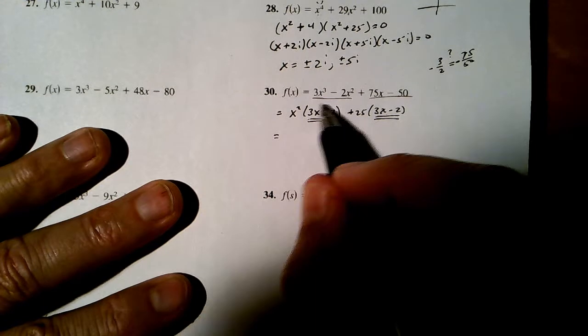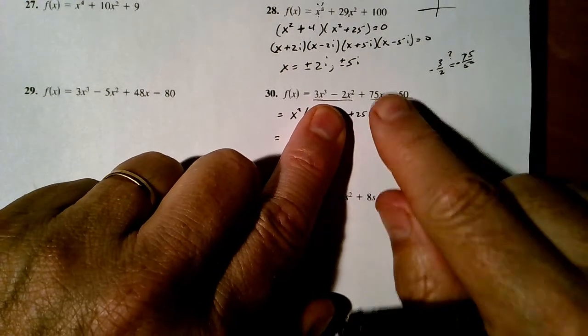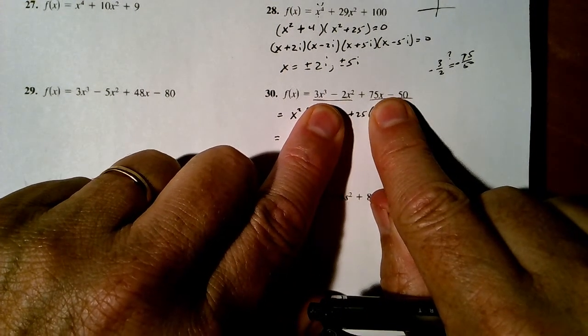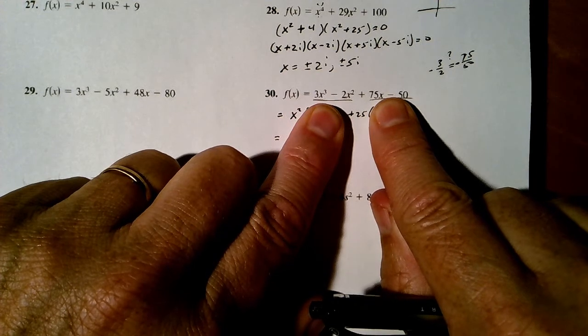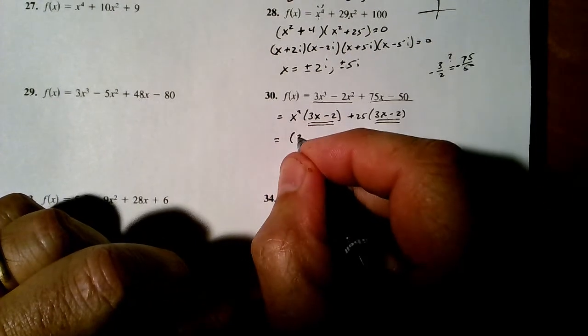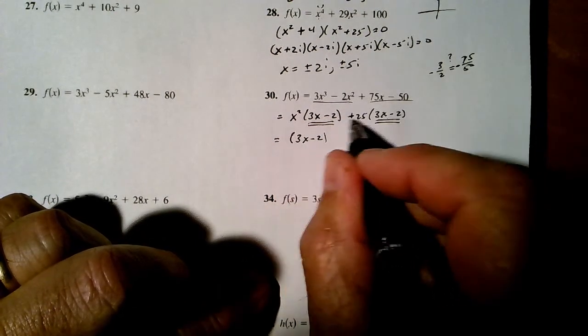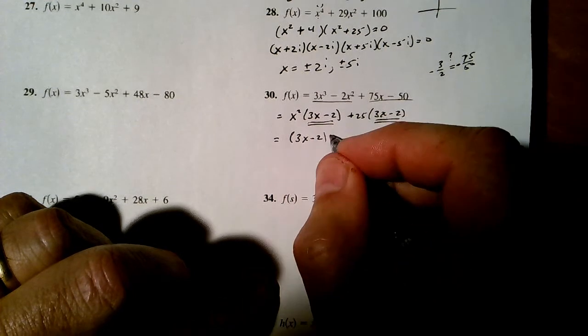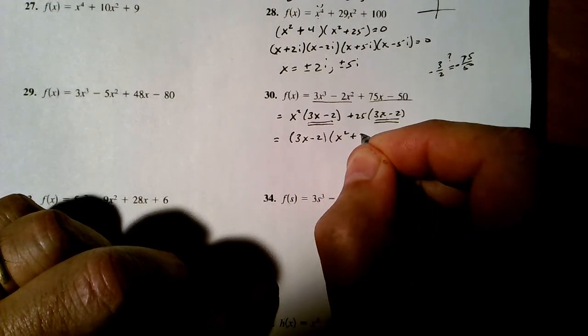If I factor this out, let's say it was just a here and a here, I'd factor out a and be left with x squared plus 25, so a times the quantity x squared plus 25. Well, it is a, it's just messier. I'm going to factor out 3x minus 2 from both terms, just like it was a, and I'm left with x squared plus 25.